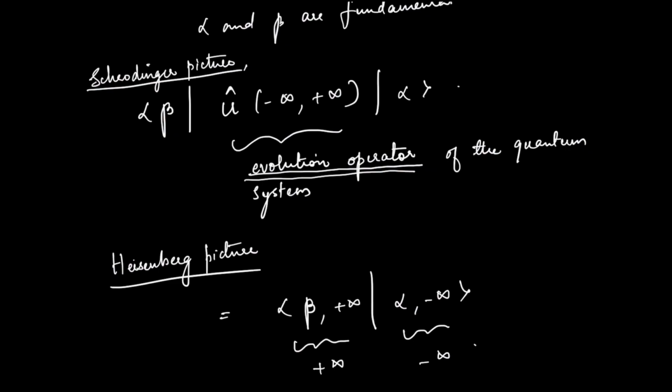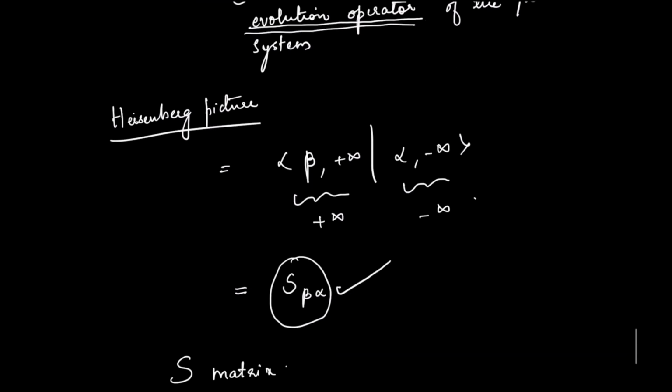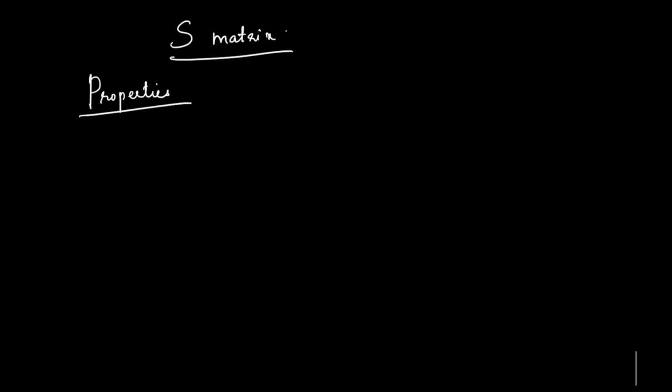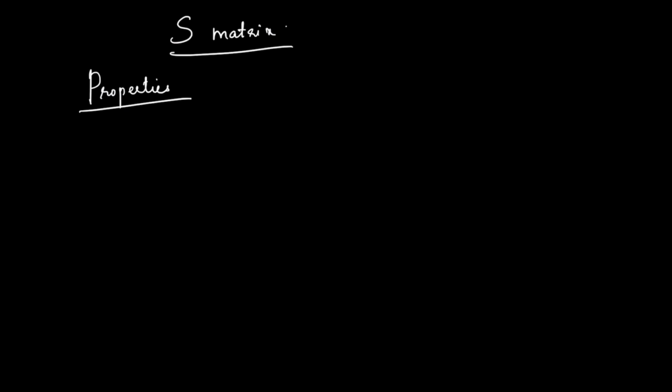Now let's see the properties of the S matrix. When there is no interaction, which means there is no scattering, then alpha will be equal to beta.